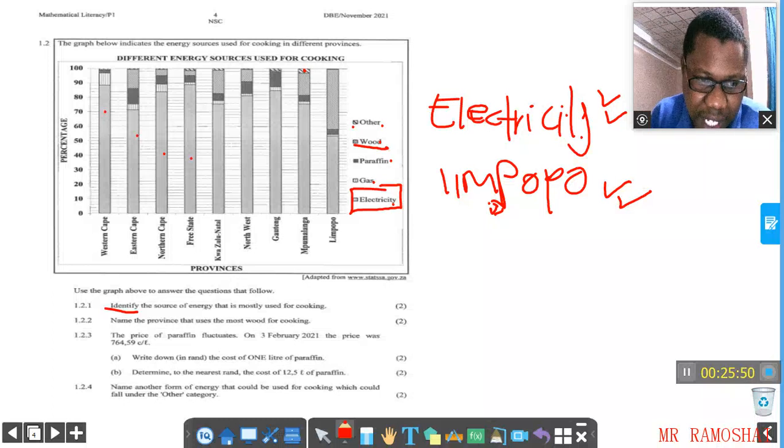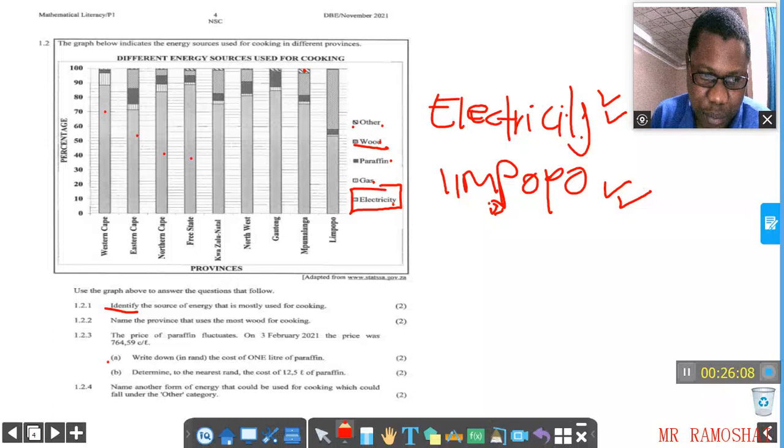1.2.3, right. The price of paraffin fluctuates. On 3 February, the price was 764.59 cents per liter. Right? There is no question. This is a statement.